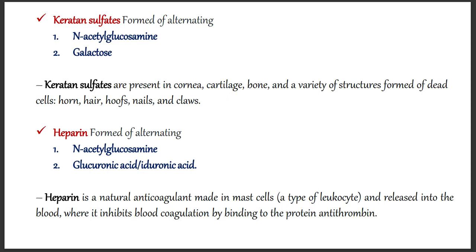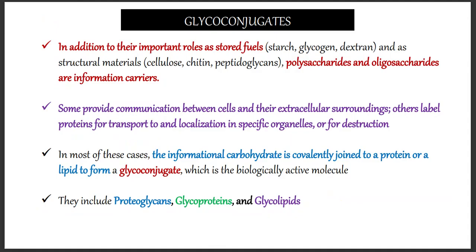Blood will stop flowing, and you end up dying just like that. So that is why it is important. It prevents blood coagulation or blood clotting. It binds to a protein called antithrombin. As I said, all these things will make sense. Remember the word antithrombin.